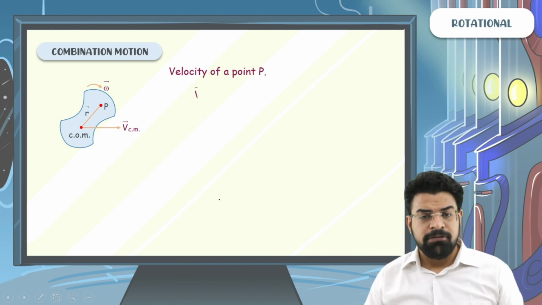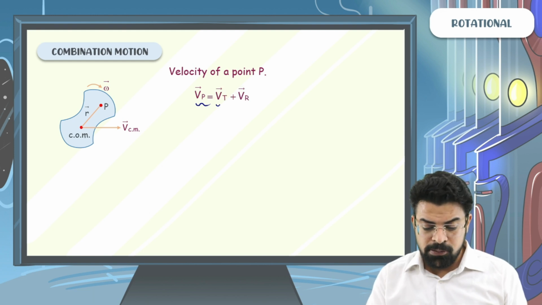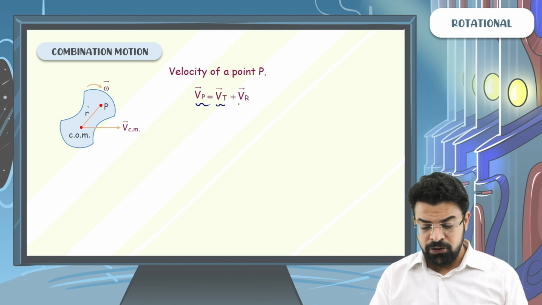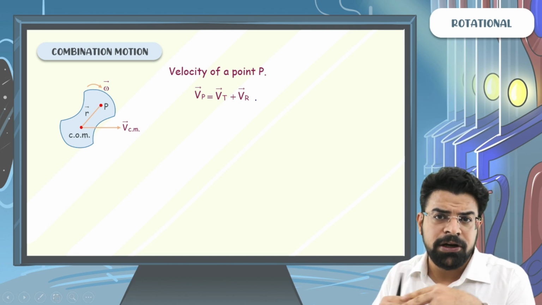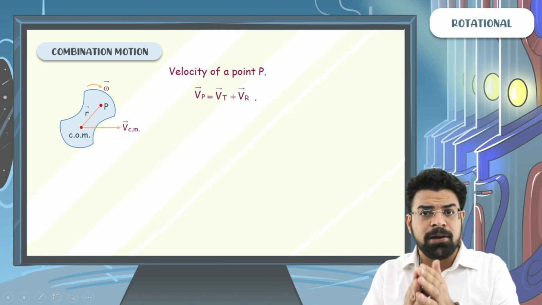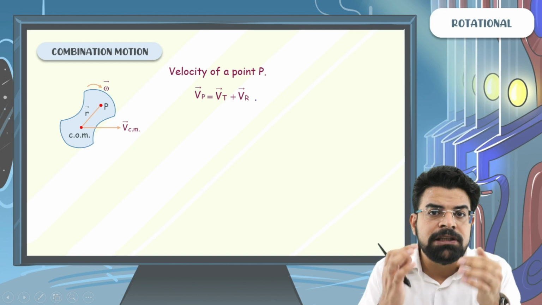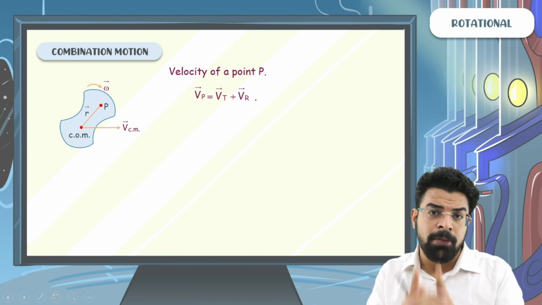So you will say the velocity of point P on the body will be equal to the sum of its translational velocity and rotational velocity. Do remember that velocity is a vector quantity. So when you are finding the net velocity of point P and you add up the translational and rotational velocity, they must be added up vectorially, keeping direction in mind.